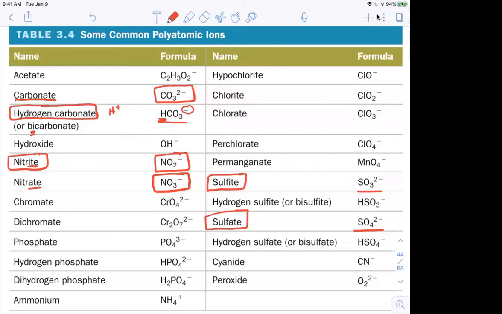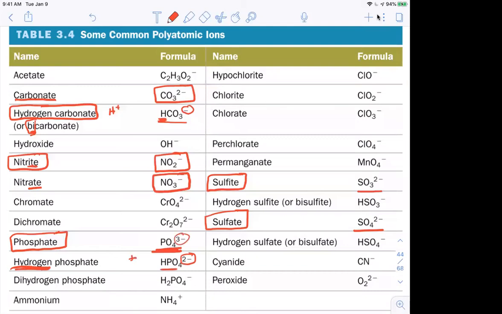This could also be represented by bicarbonate. This also happens anytime I put a hydrogen in front. Phosphate, which is PO4 3 minus, I put in a hydrogen, I add a plus charge, so my charge becomes 2 minus. The name is hydrogen phosphate or biphosphate.